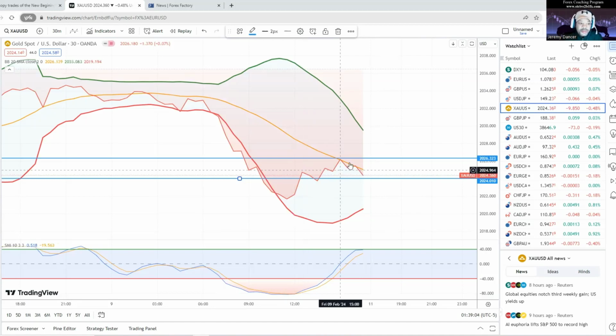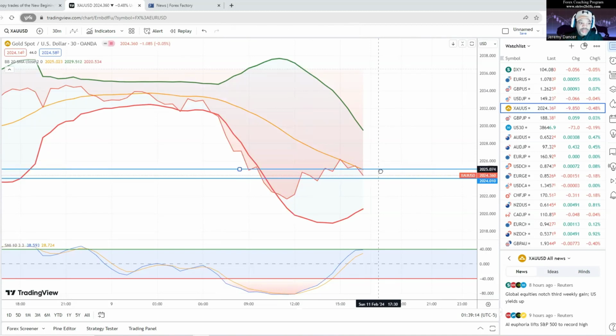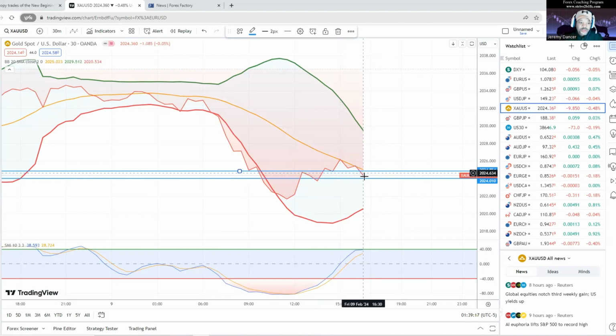Now, if you are using break of structure and change of character, you can kind of see here that there was a change of character right at this line because the price broke below this lowest point.